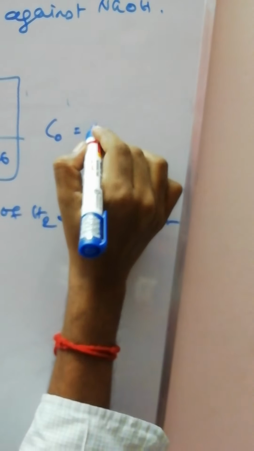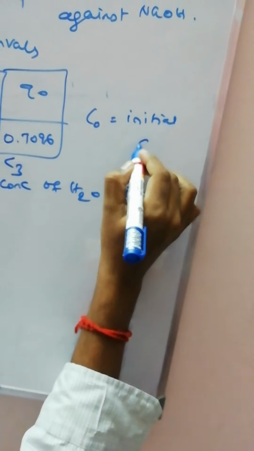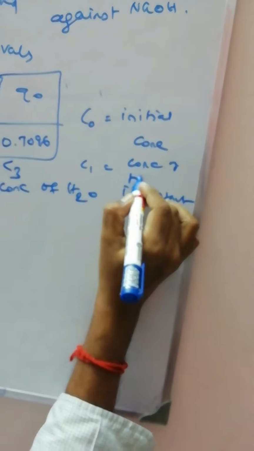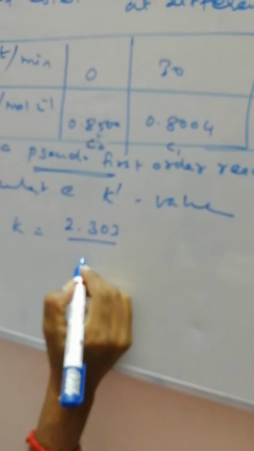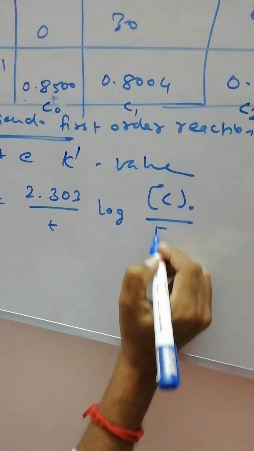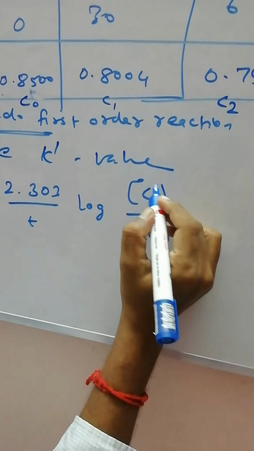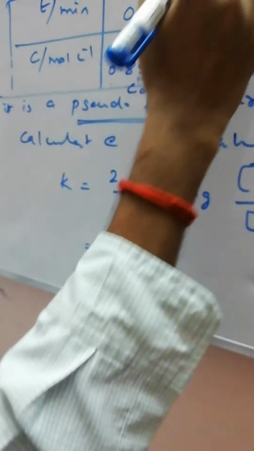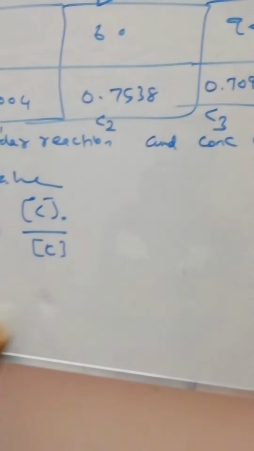C0 means initial concentration, and C1 is the concentration at time T. So we have to calculate K. Because it is a pseudo first order reaction, we use the first order integration, K equals 2.303 by T log C0 by C, same as R0 by R. The zero time will not come, so we start from these three equations only.